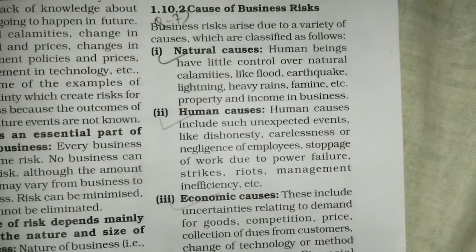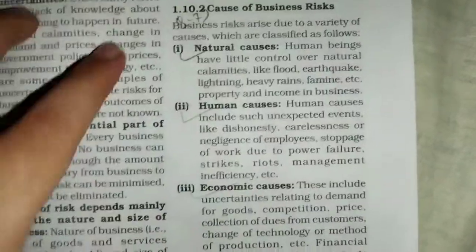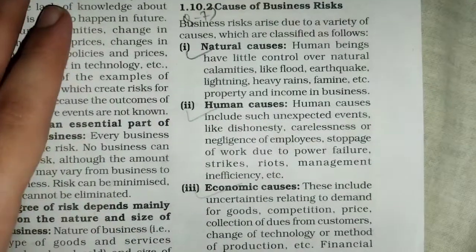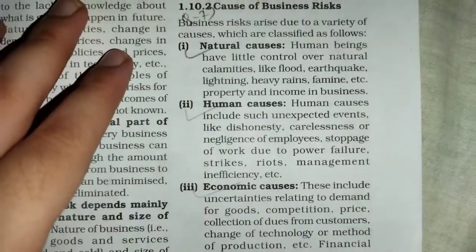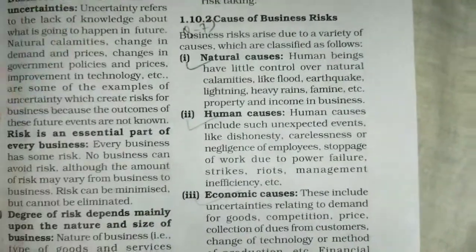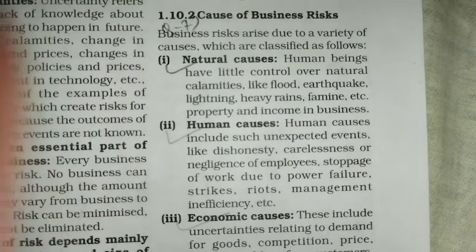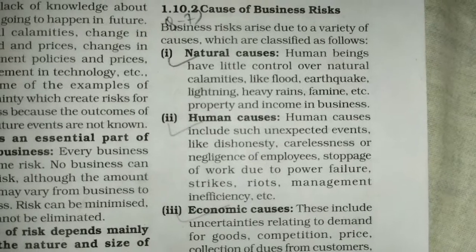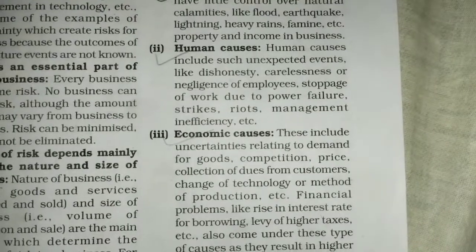Human beings have little control over natural calamities like earthquake, tsunami, heavy rain, virus, etc. Natural causes highly affect the property and income of the business. Now second point is human causes.